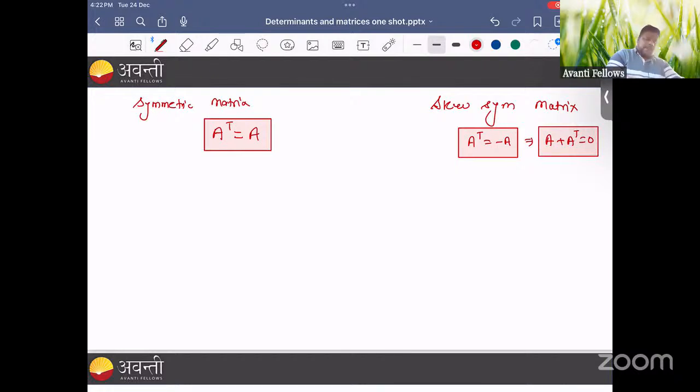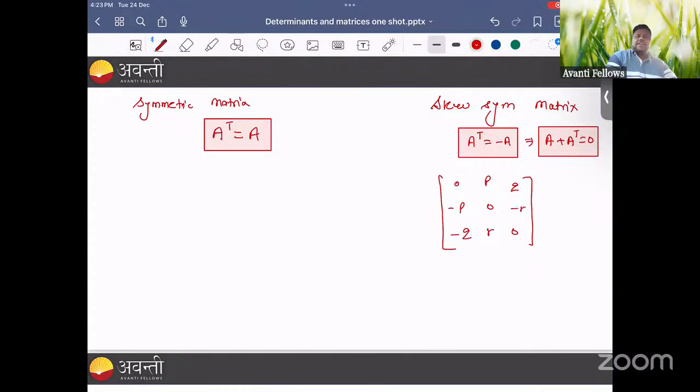Got it? What happens in a skew symmetric matrix? Its diagonal entries are definitely 0, and its off diagonal entries may be 0, may not be 0, and conjugate entries are negatives of each other. Like if it is p, it is minus p. If it is q, it is minus q. If it is r, it is minus r.